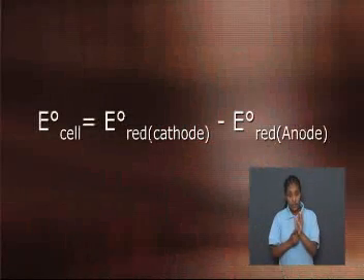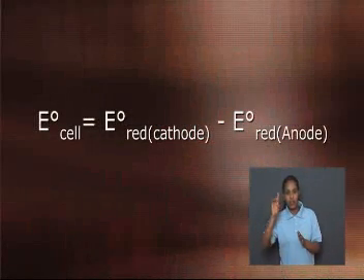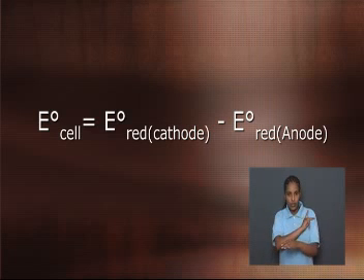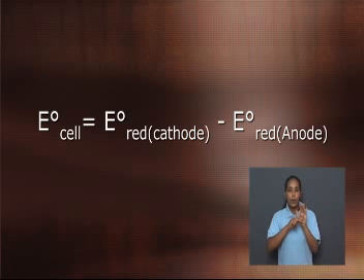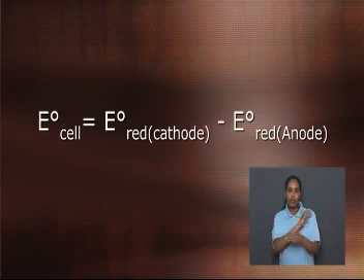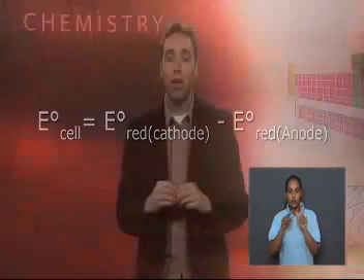Thus, standard electrode potentials are figured out for reduction reactions and are denoted as E-red. Cell potential, or E cell, is equal to E red, which represents the cathode, minus the standard reduction potential of the anode reaction, E red.